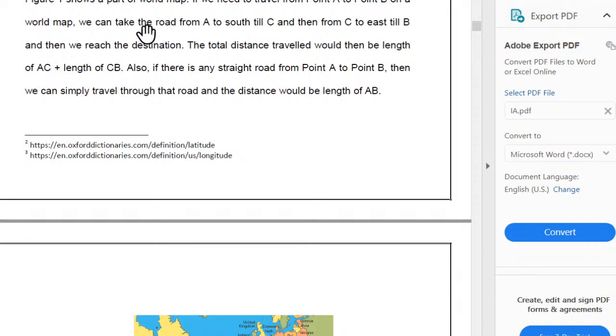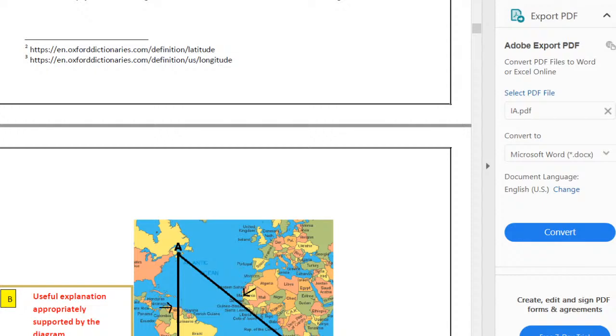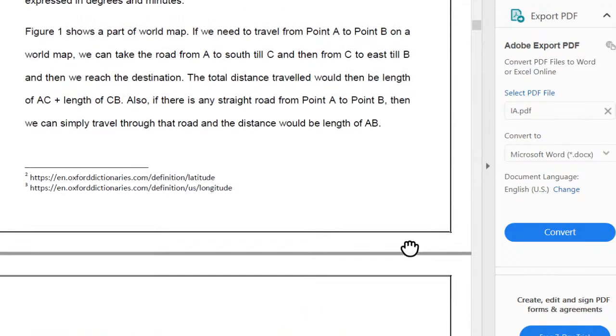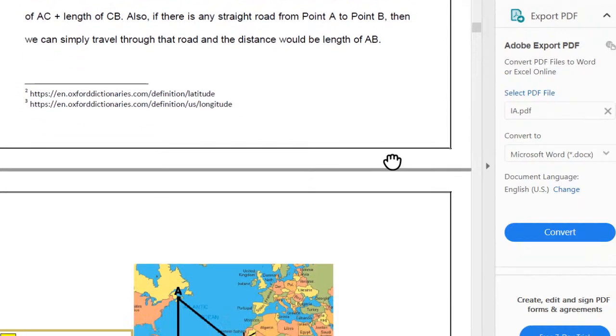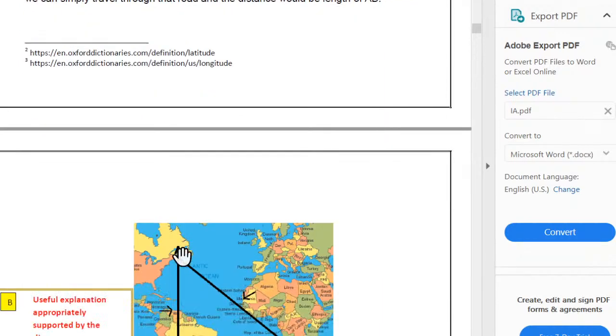On the map, we can take the road from A south until C, and then they go from C to B. The total distance traveled is the sum. But if there's any straight road from point A to point B, then we can compare.